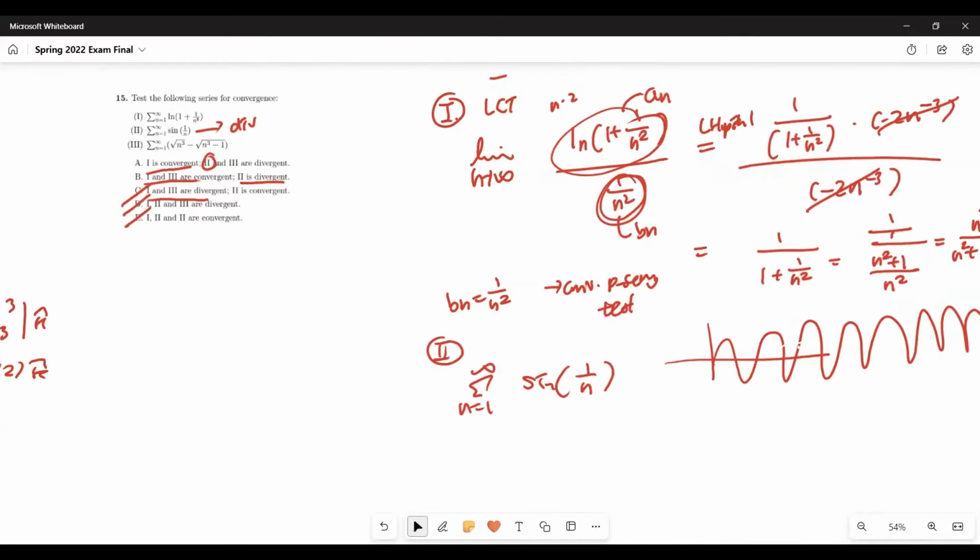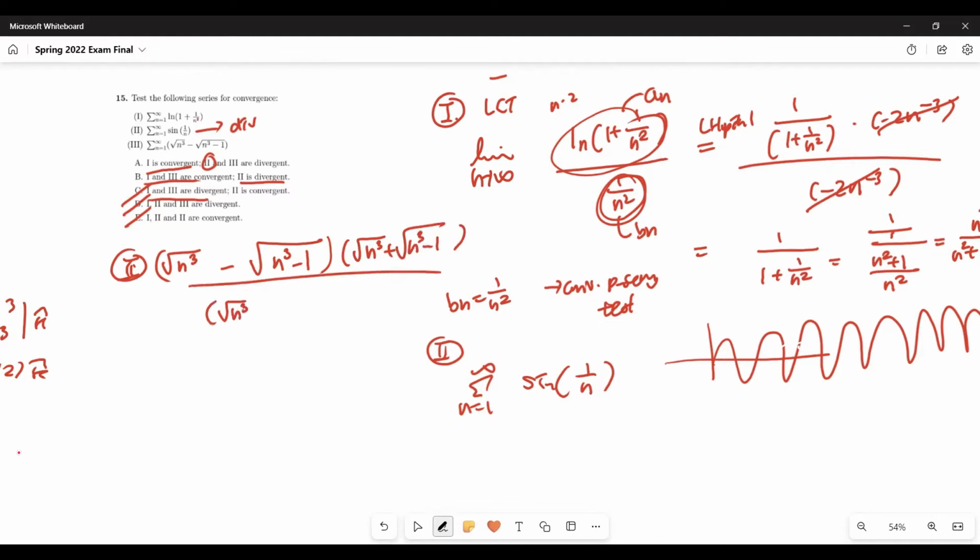Okay, let's look at the third one. The third one is the square root of n cubed plus n cubed minus 1, minus the square root of n cubed. I don't like the square root difference, so I'm going to make it into the format of multiplying by the conjugate.